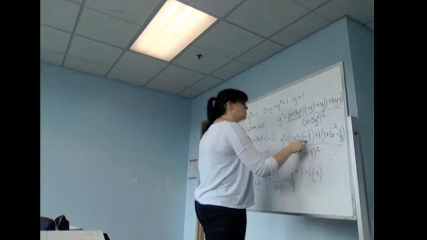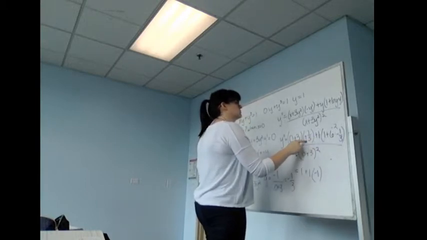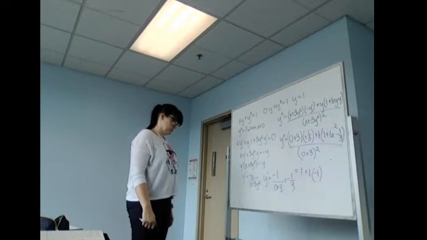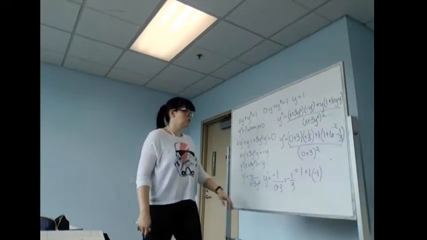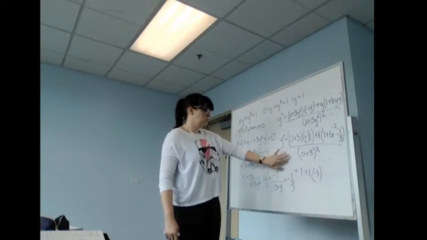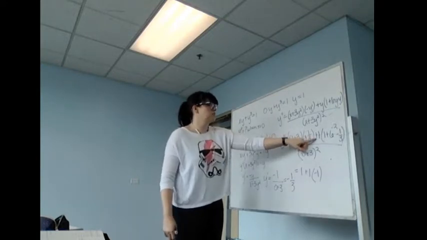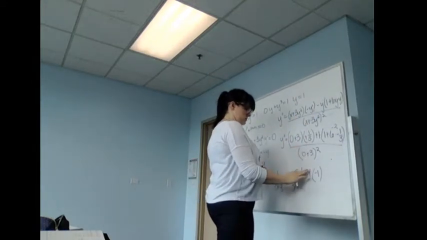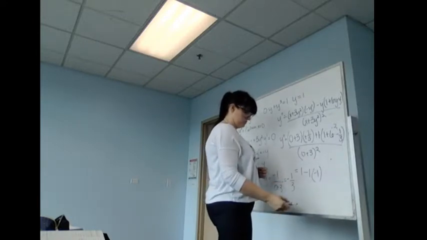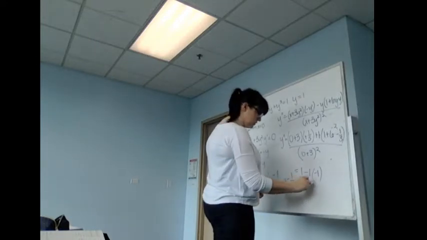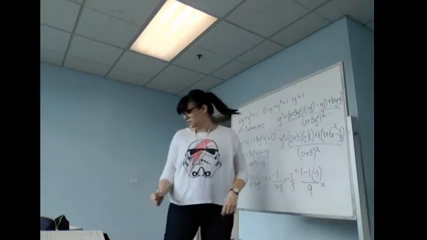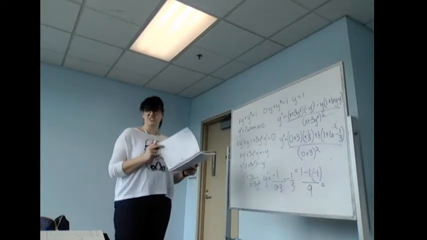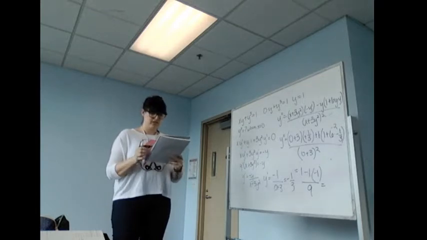Is this supposed to be negative? One of them is supposed to be negative. Where did my mistake? Y prime is negative 1/3. Is this supposed to be negative? Yes! Because the quotient rule. Over 9. What number is this? 39.